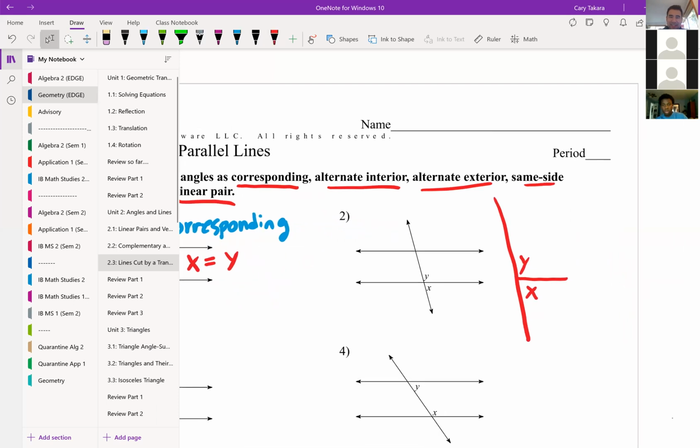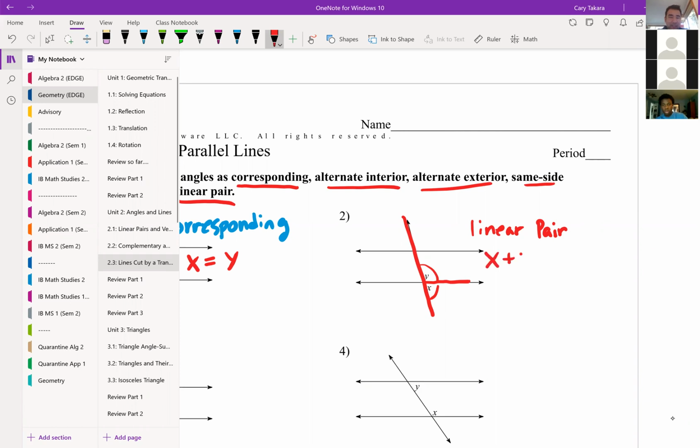So you've got this angle and this angle, isn't that a linear pair? And the relationship is, linear pair is supplementary, right?